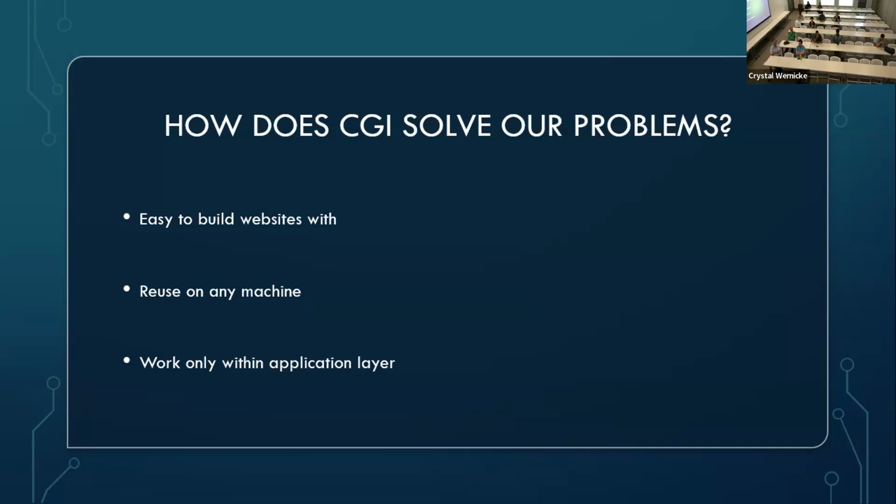And like I said before, you can reuse your code on any machine, so long as the server that you use supports it. I'll get back to the programming language that I chose for my demonstration when I get to that part. But technically, when you pick a programming language, you have to make sure that there's a server that implements CGI that supports the programming language of your choice.